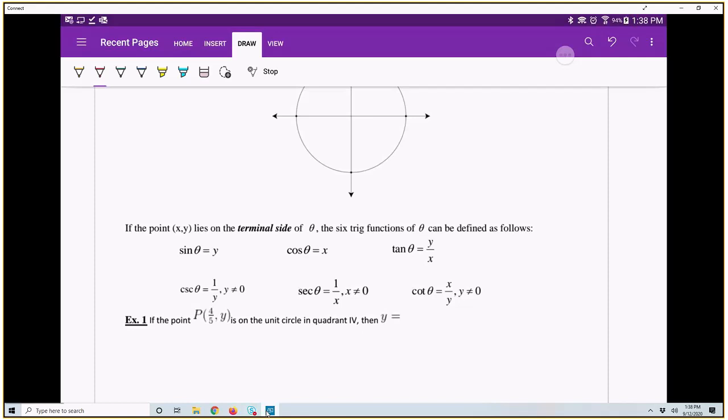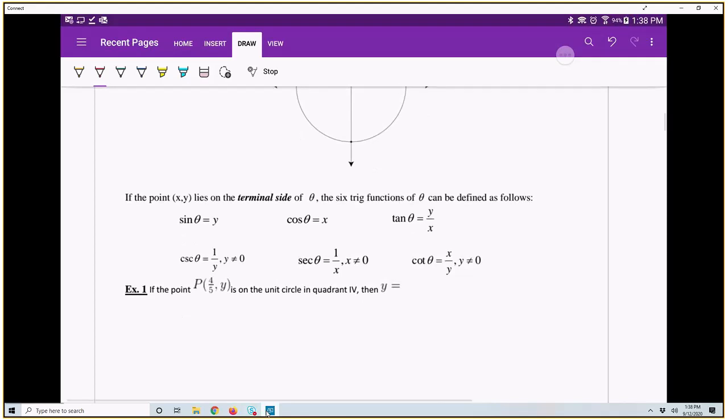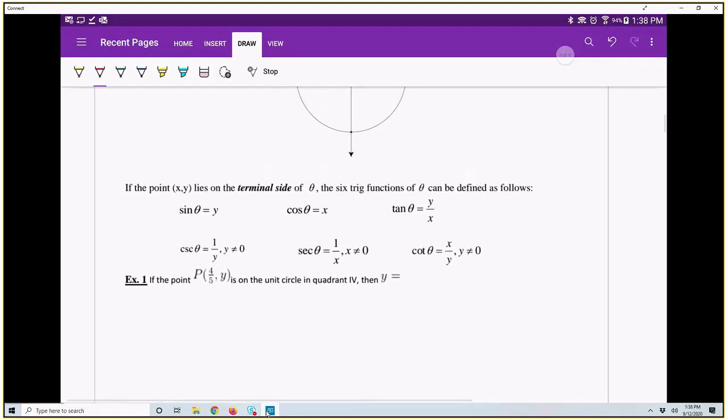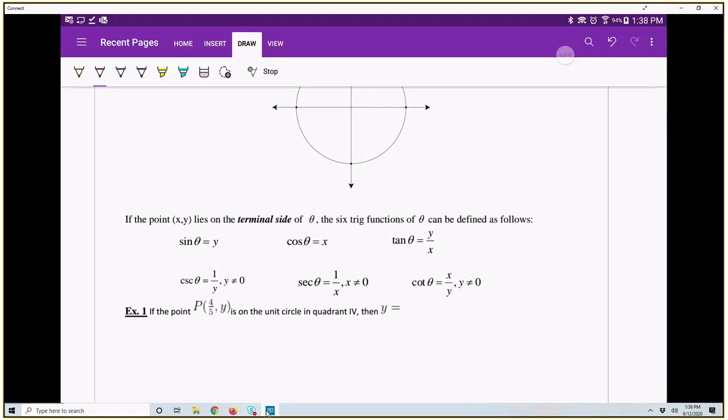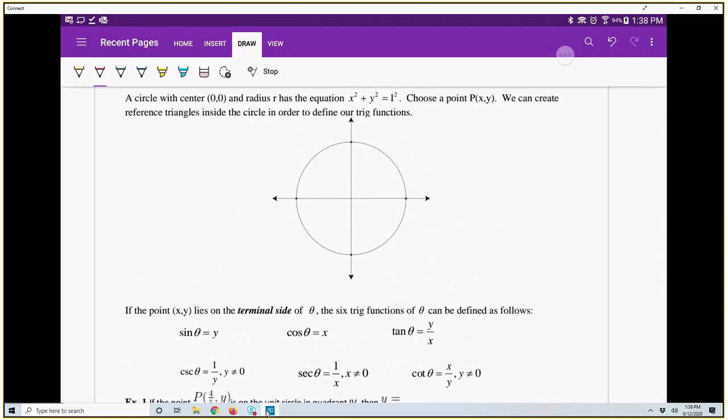We are going to extend this idea and use the reference angle to find the trigonometric ratios for some special angles today. At this point, I would like to remember the table that we made for the special trigonometric angles and their corresponding ratios.